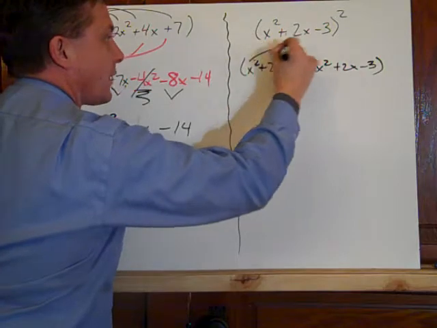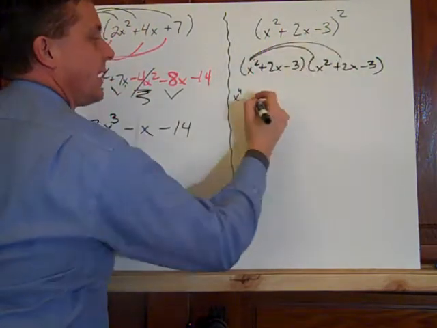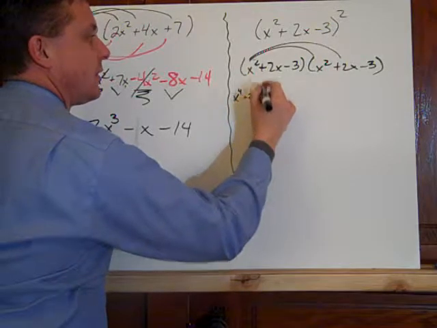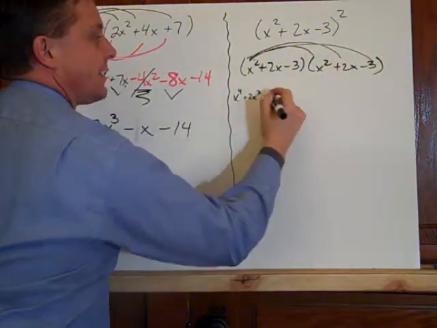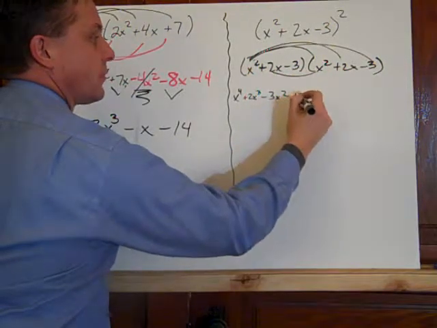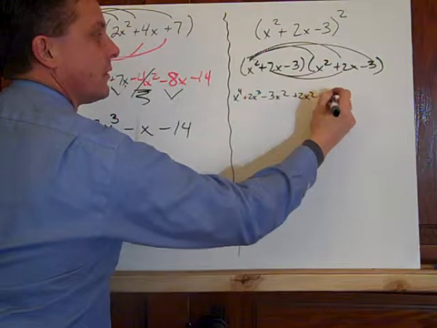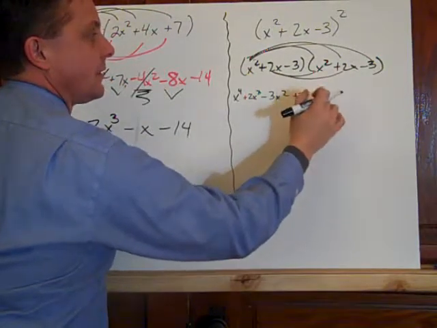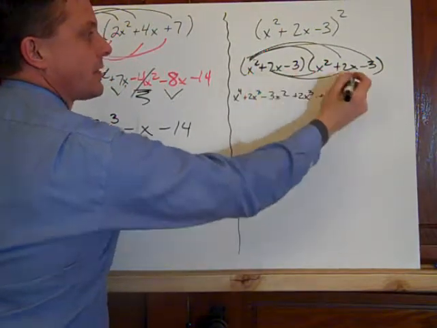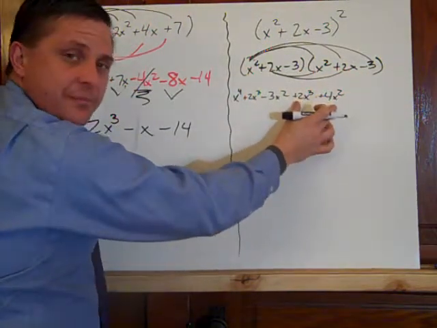Well, here we go. X squared times x squared, x to the 4th. X squared times 2x, 2x cubed. X squared times negative 3, negative 3x squared. 2x times x squared, 2x cubed. 2x times 2x, 4x squared. And I knew they couldn't be the same.